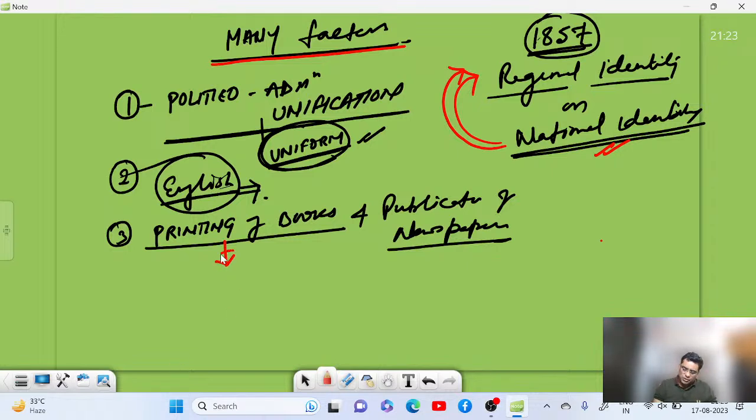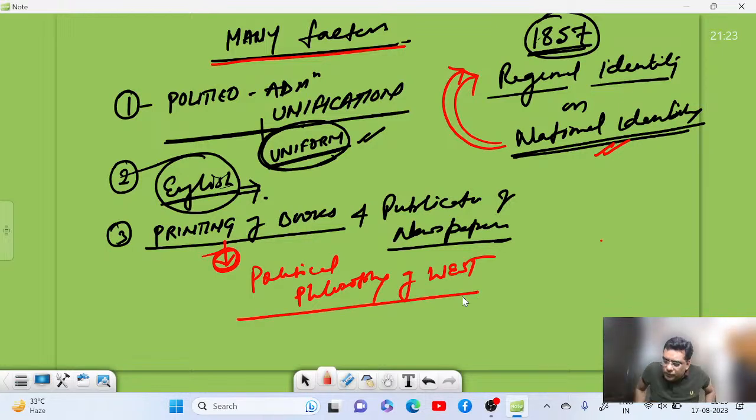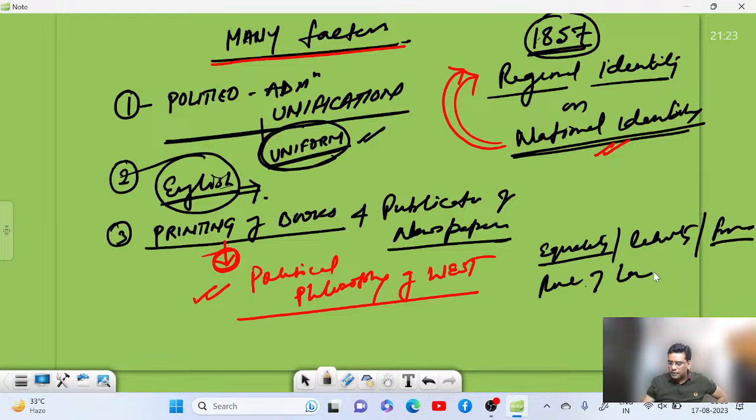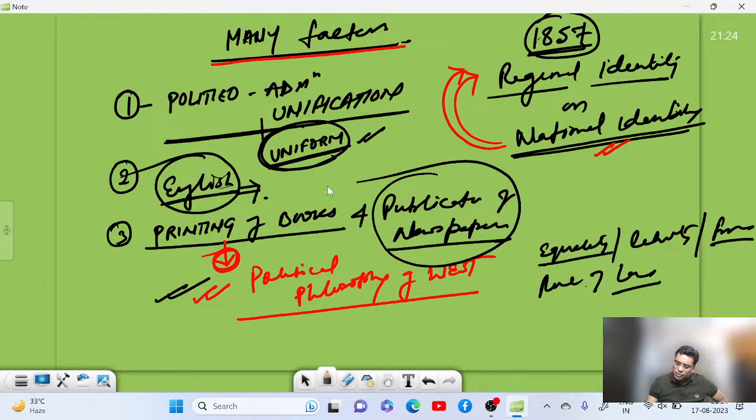Many books were published which contained the political philosophy of the West: equality, liberty, fraternity, rule of law, constitutionalism, legislativism. When Indians got to know about all these things, they were inspired to demand them from the British. And newspapers created general awareness among the Indians.